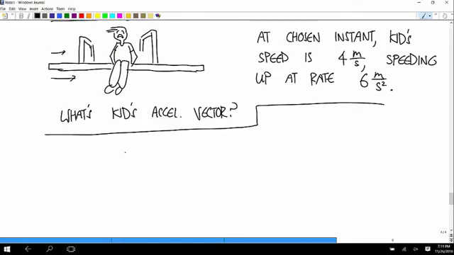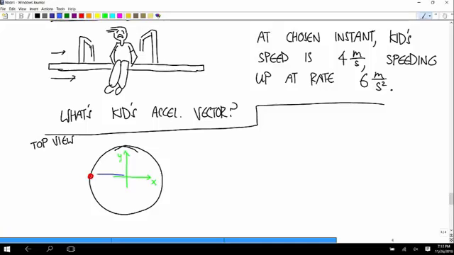Okay, well, first we have to choose a view. And so I'm going to choose a top-down view. And we have to choose a point on that circular path to deal with. Oh, let me draw the coordinate system. And it doesn't matter which one of these 4 points you choose, but I'm going to choose a different one again, so you can sort of compare those. So let's choose that point over there. Okay, then the centripetal acceleration vector goes this way.